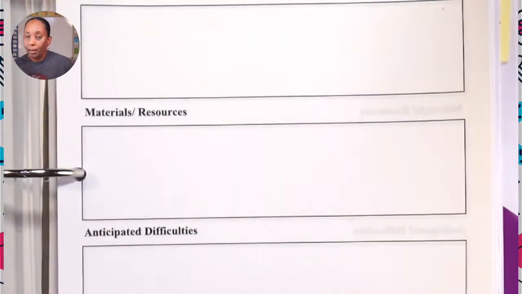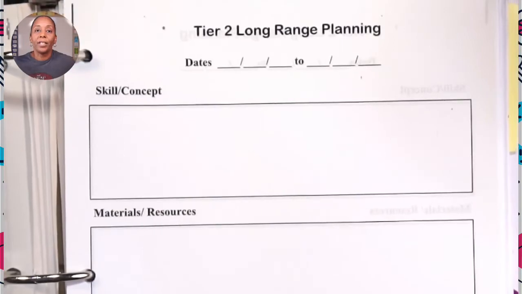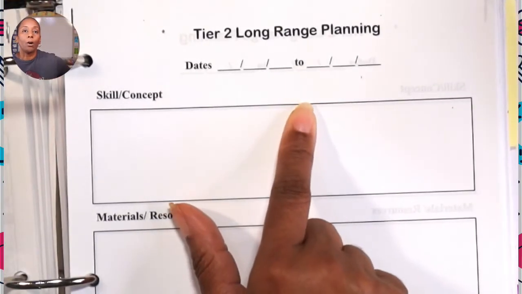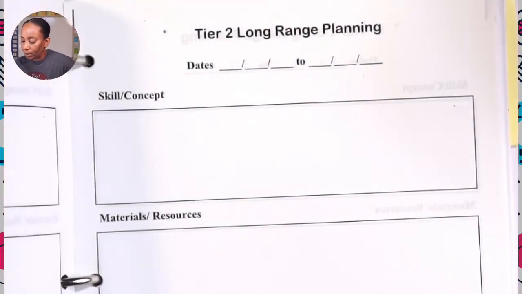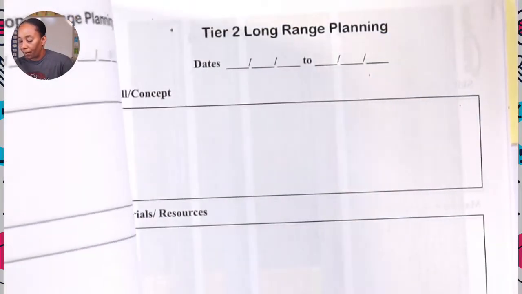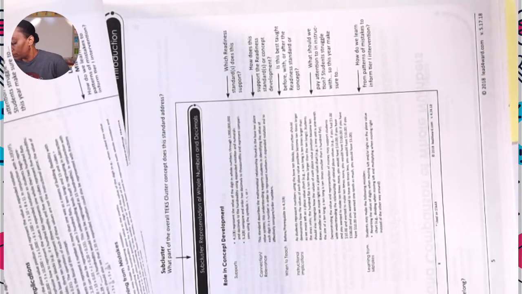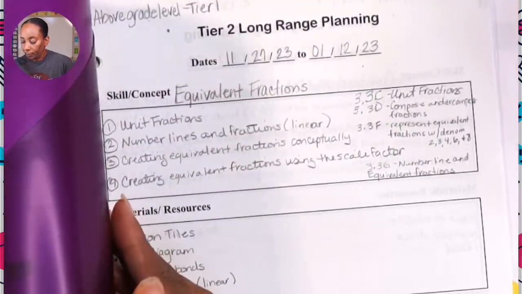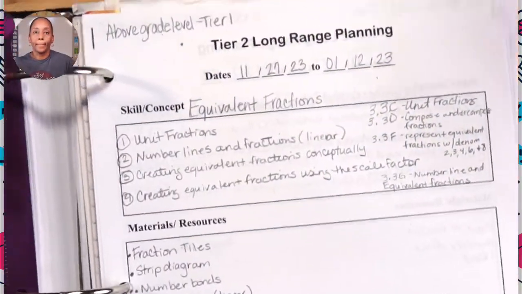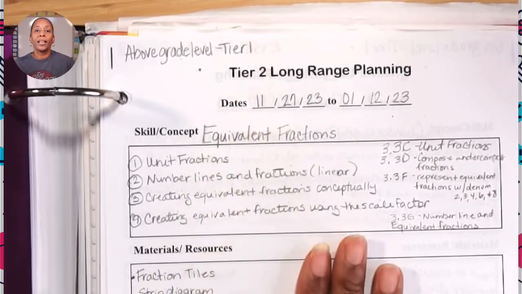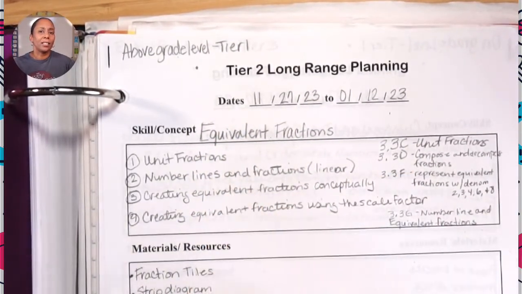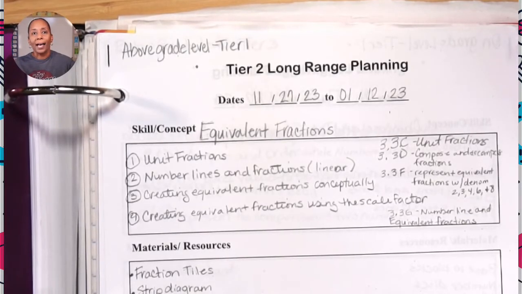So the next thing I have in here is a tier 2 long range plan. And these are blank ones, so I'm going to try to find one that I filled out. This is one that I filled out, and I sell this in my anecdotal notes.